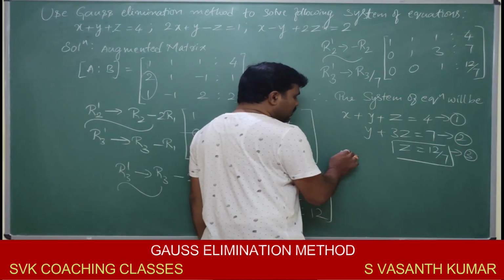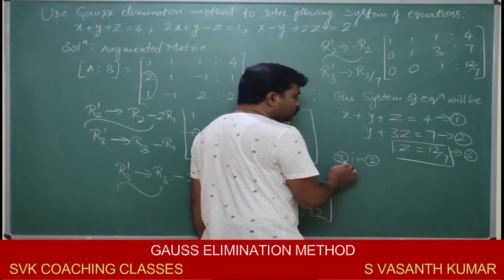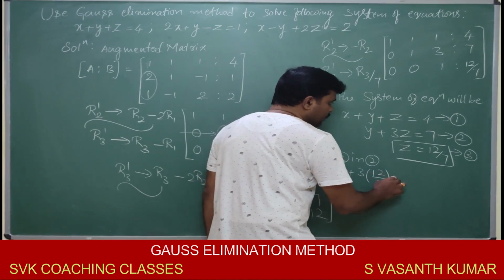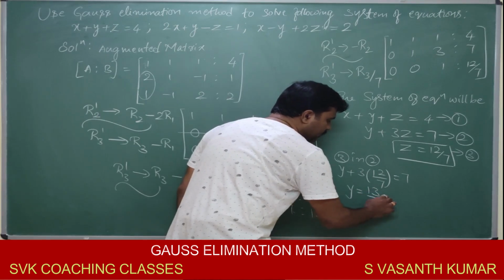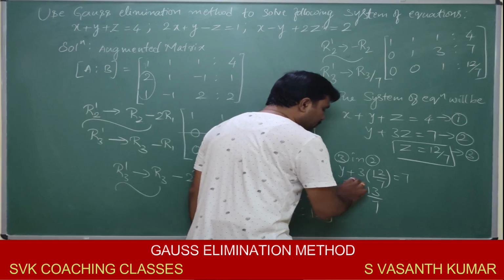Substitute the value of z from 3 in equation 2. So you are going to get y plus 3 into 12 by 7 equal to 7. Simplifying this, y equal to 13 by 7. So I got the value of y.